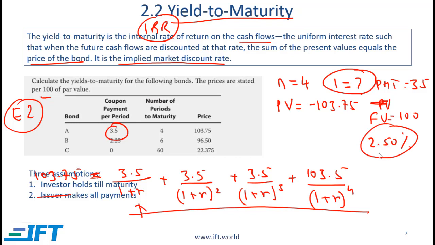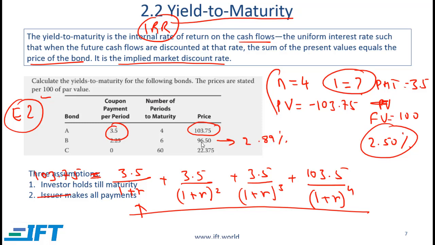And this makes sense because clearly the bond is trading at a premium. When the bond is trading at a premium, we know that the coupon rate is higher than the implied market rate that we've calculated over here. You can use the same logic for bonds B and C. With bond B, what you should get is 2.89%.